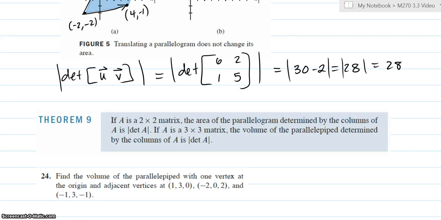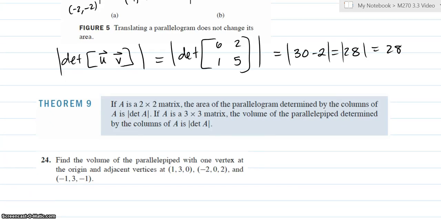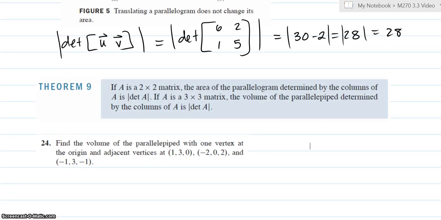So now let's look at the volume. It says here, if A is a 3 by 3 matrix, the volume of a parallelepiped determined by the columns of A, the 3D parallelogram, is the absolute value of the determinant of A. The proof for this is very similar to the 2 by 2, so I won't be doing it.